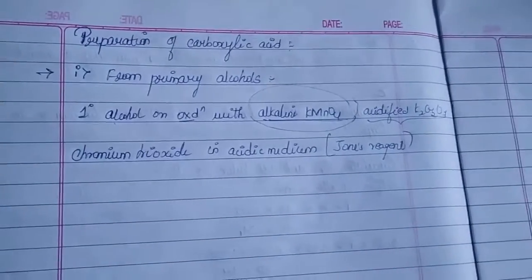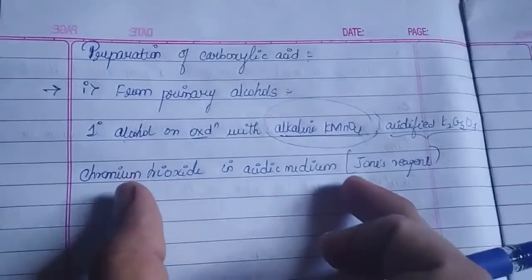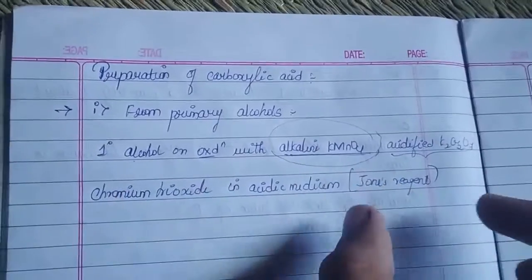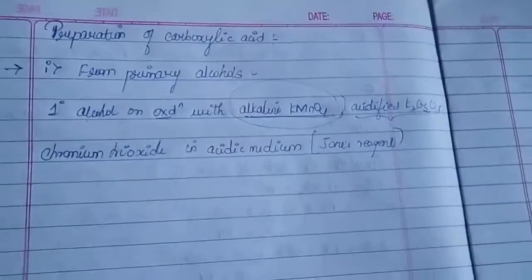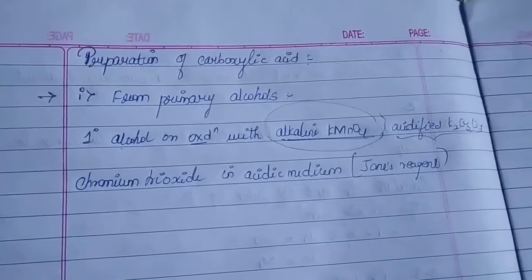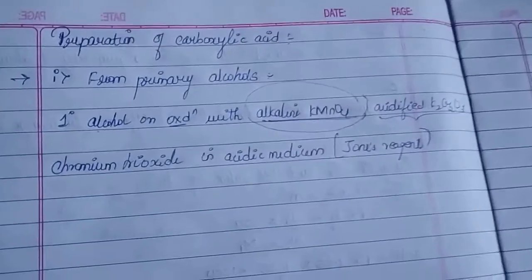As we have seen with Tollens reagent and Fehling's solution, like that, this is also a name for chromium trioxide in acidic medium. Instead of saying this whole term, we say Jones reagent. So it should strike our brain: Jones reagent means chromium trioxide in an acidic medium. So these are the common oxidizing agents. You can use any one.